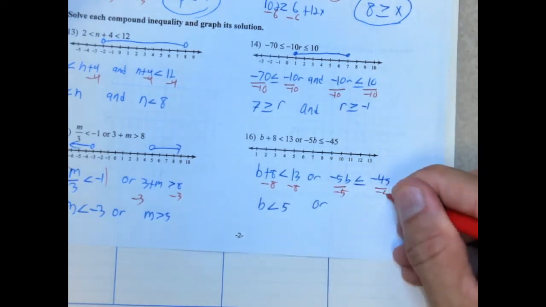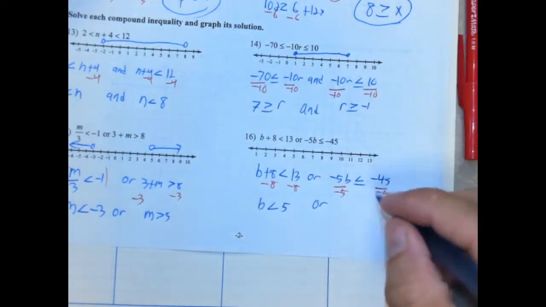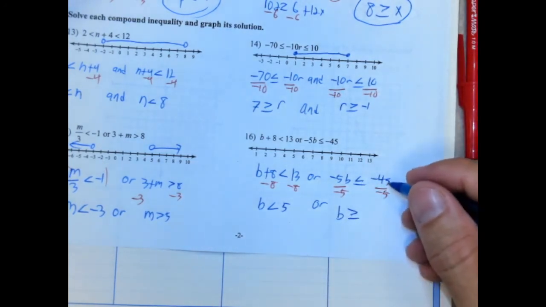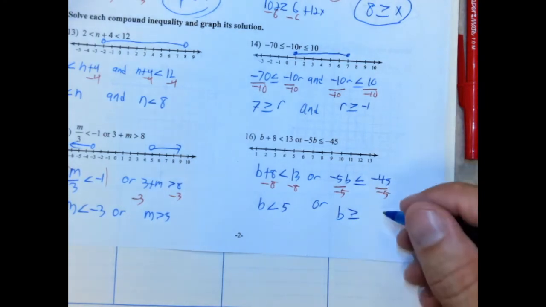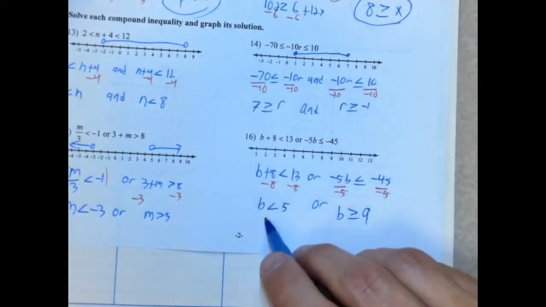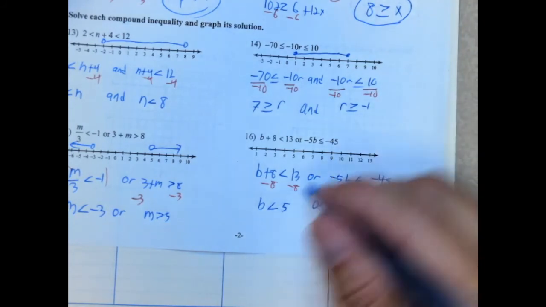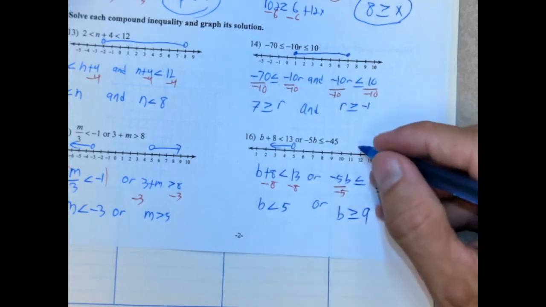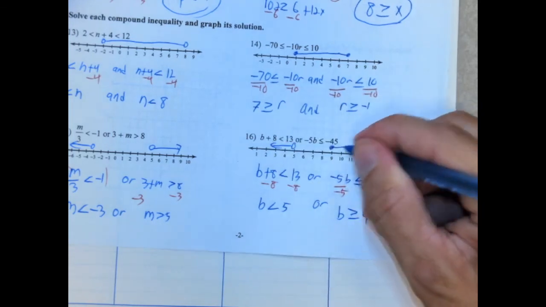And again, this is a negative coefficient, so we have to change the direction of the inequality symbol. So less than or equal to becomes greater than or equal to. And negative 45 divided by negative 5 is positive 9. So b is less than 5. So open circle going that way. And greater than or equal to 9, so filled in circle going that way.